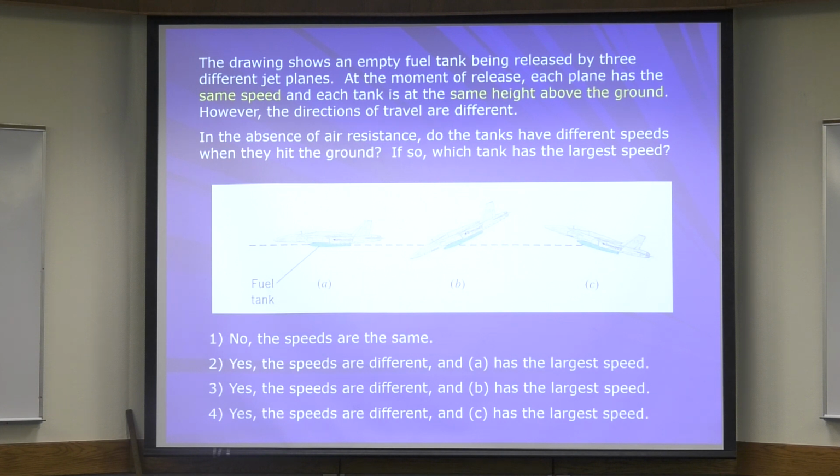In the absence of air resistance, do the tanks have different speeds when they hit the ground? That's the question, all right? If so, which tank has the largest speed? I really wish we were face-to-face because I'd like to see how everybody votes. But we don't. So pause your video and figure it out.